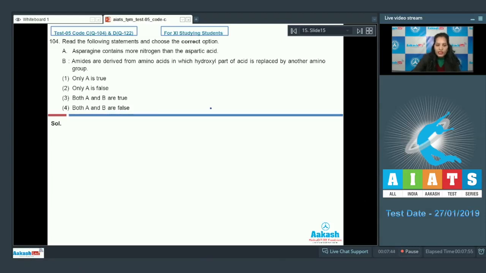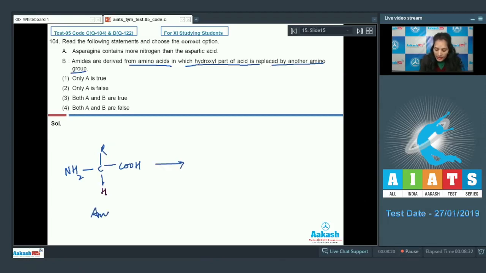B statement first. Amides are derived from amino acids in which hydroxyl part of acid is replaced by another amino group. It is true. Why do amides have more nitrogen as compared to the amino acids? Let me explain here. If you see the structure of any amino acid, you will find that here it should be a carboxylic acid, and here an NH2, and here it can be any other group. It is an amino acid.